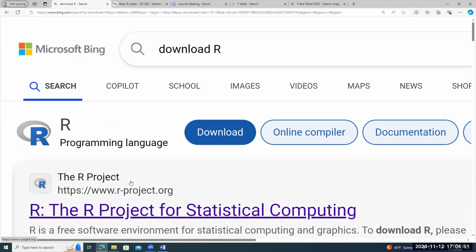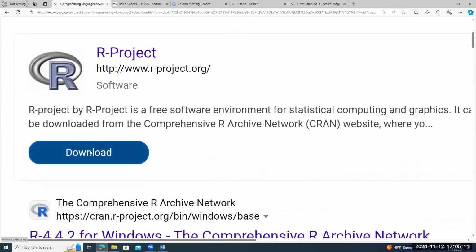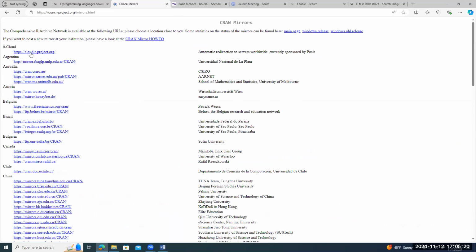Just go Google and write download R. Don't you see in Google or Microsoft Bing, like download R, then R project will come. Okay? So just click in there, download, then it will be downloaded, okay? So download this. And if you do this downloading, it will start download.